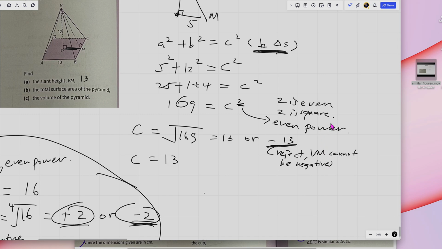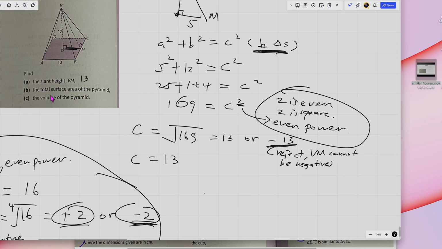So, remember, even power, then you need to have positive and negative values. Then when you accept the negative value, you ask yourself whether a negative value can be accepted or not. It depends on whether you're talking about temperature, or distance, or length. So in certain situations you cannot accept a negative value.